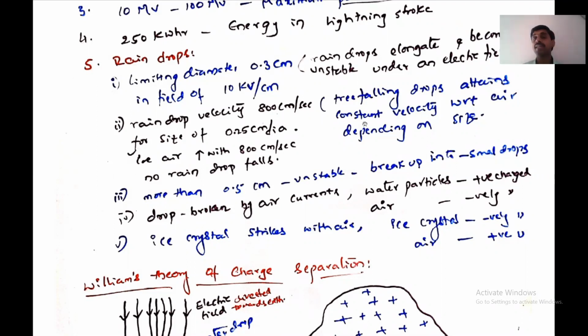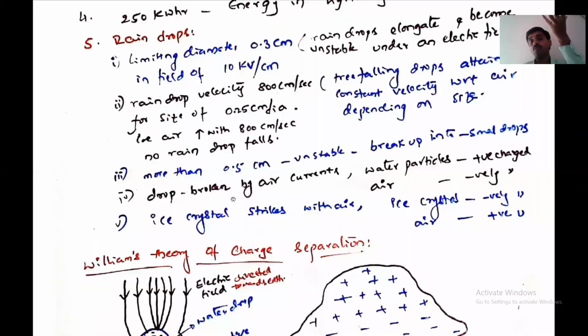Free falling drops attain constant velocity with respect to air, and for a size of 0.2 centimeters diameter, this is the speed with which they fall. If air moves upwards with 800 centimeters per second, the same speed, no raindrop falls. That means if air currents are flowing in the upward direction, we can expect rainfall.